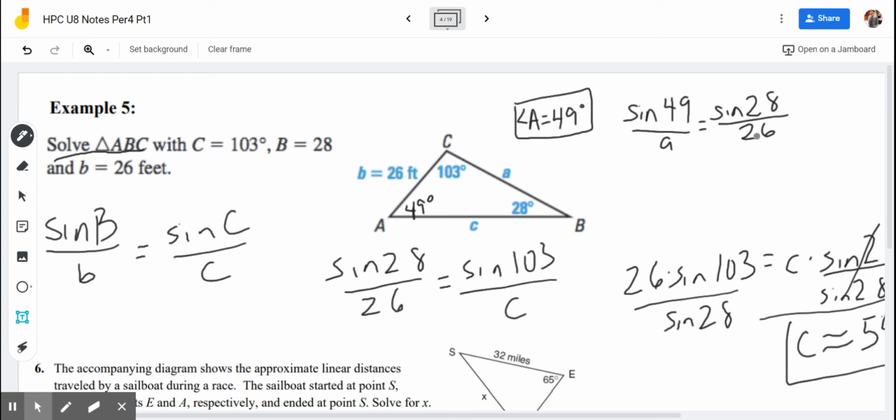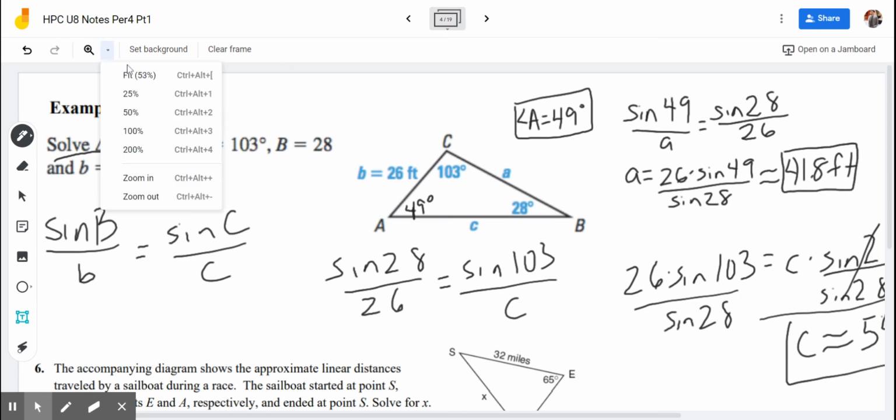You should be able to see I'm cross multiplying, and when you isolate A, it's going to be 26 times sine of 49 divided by sine of 28, and then rounding to the nearest tenth, that's going to be 41.8 feet. All right, so that's example 5.